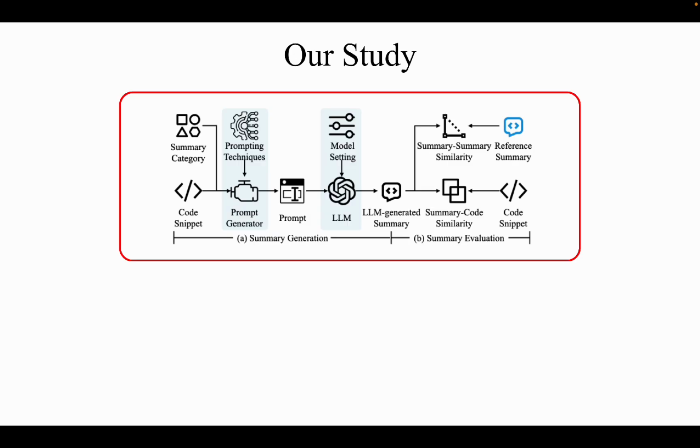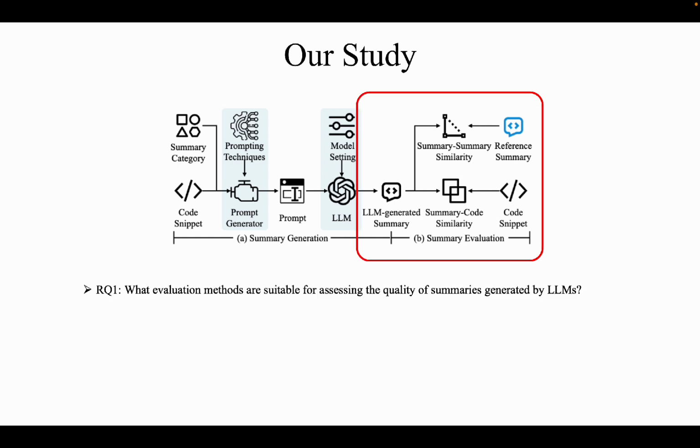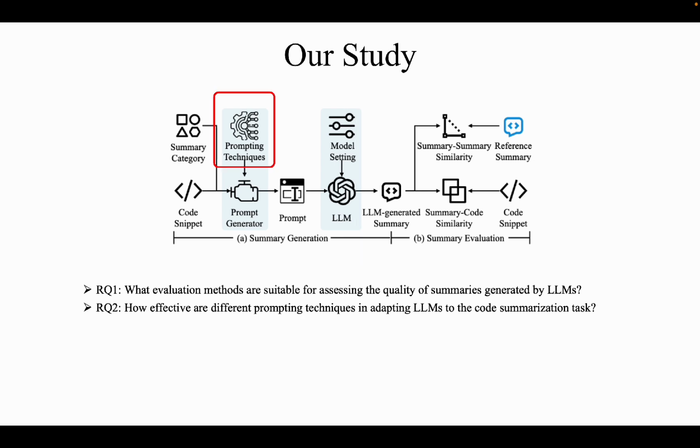So in conclusion, there are some shortcomings in existing studies, and to address these issues, we conduct a systematic study on code summarization in the area of large language models. In RQ1, we systematically investigate what evaluation methods are suitable for assessing the quality of summaries generated by large language models. In RQ2, we aim to reveal the effectiveness of several popular prompting techniques like few-shot and chain of thought.